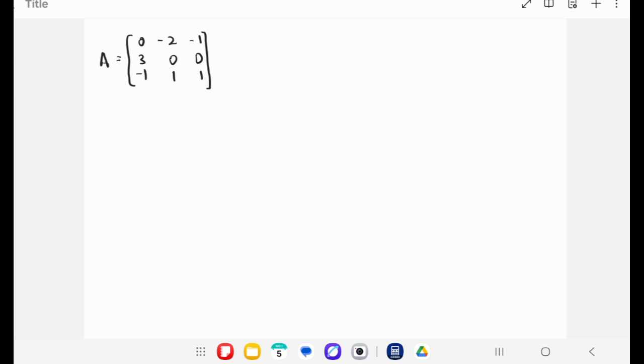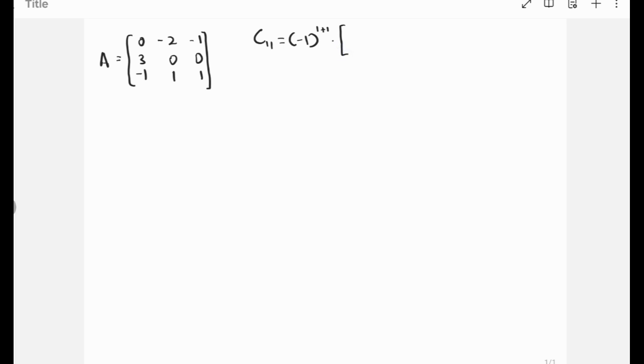To look for the cofactor, of course we will start with A11. Actually, we should say C11, which is this part. Start with this. C11 equals -1 to the power of 1 plus 1, times its minor, which is 0, 0, 1, 1.